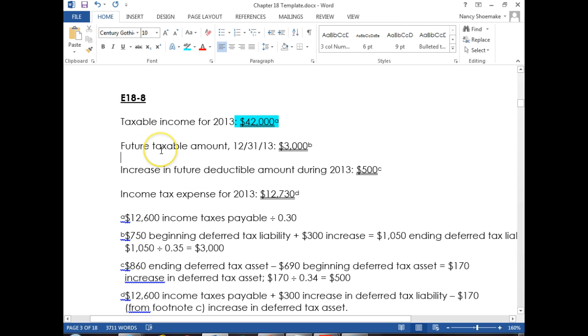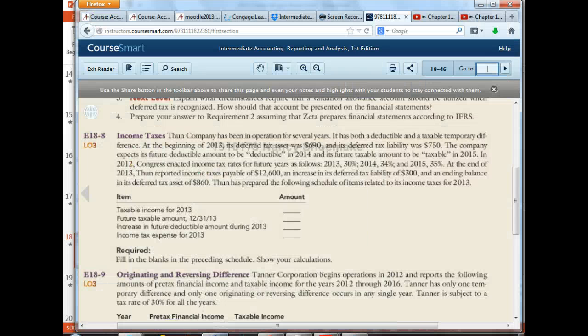Okay, the next one is the future taxable amount as of 12/31/2013. Okay, it's a deductible and taxable difference. The company expects its future deductible amount to be deductible in 2014 and its future taxable amount to be taxable in 2015.